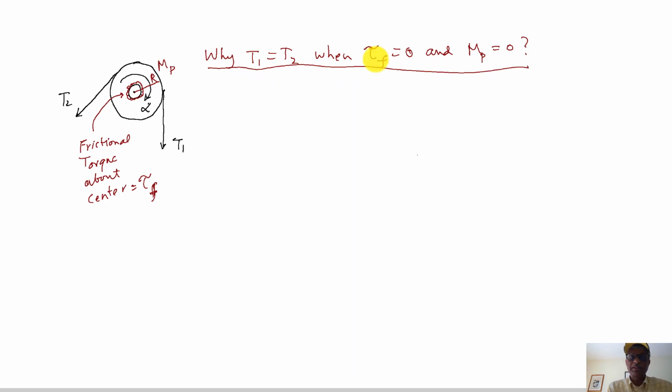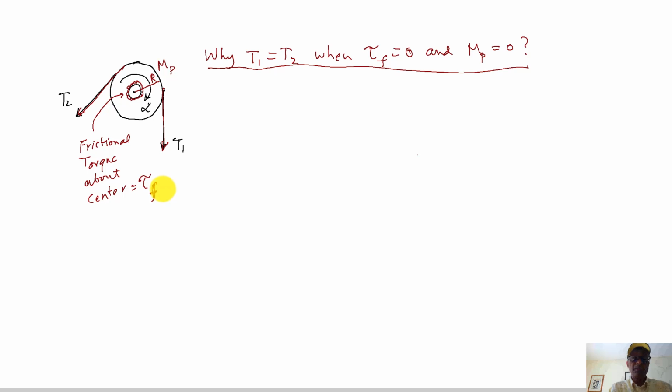To understand that, you have to write a rotational equation of motion for the pulley. So we have tension force T1 here and tension force T2 here, and then at the axle the force is all around the axle, and we want to write that as a torque.